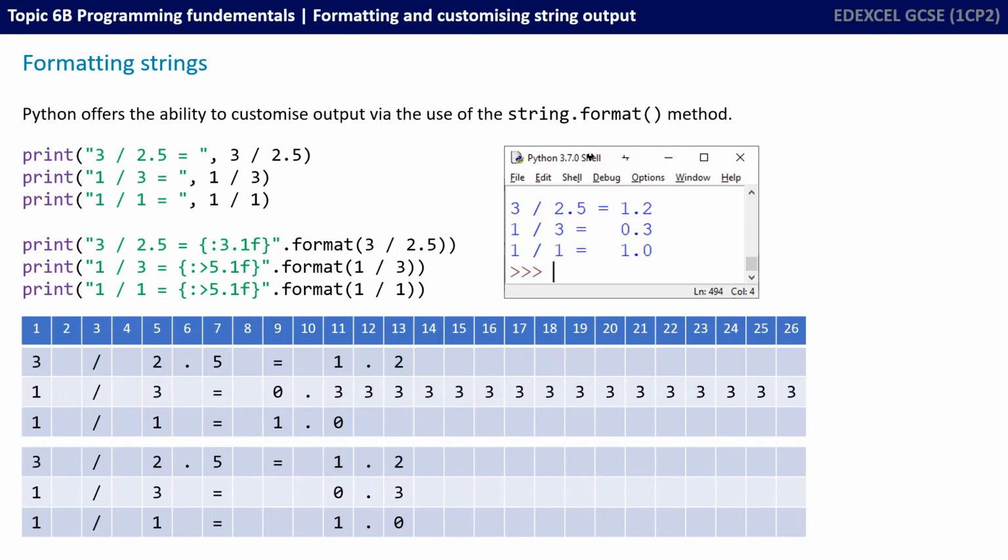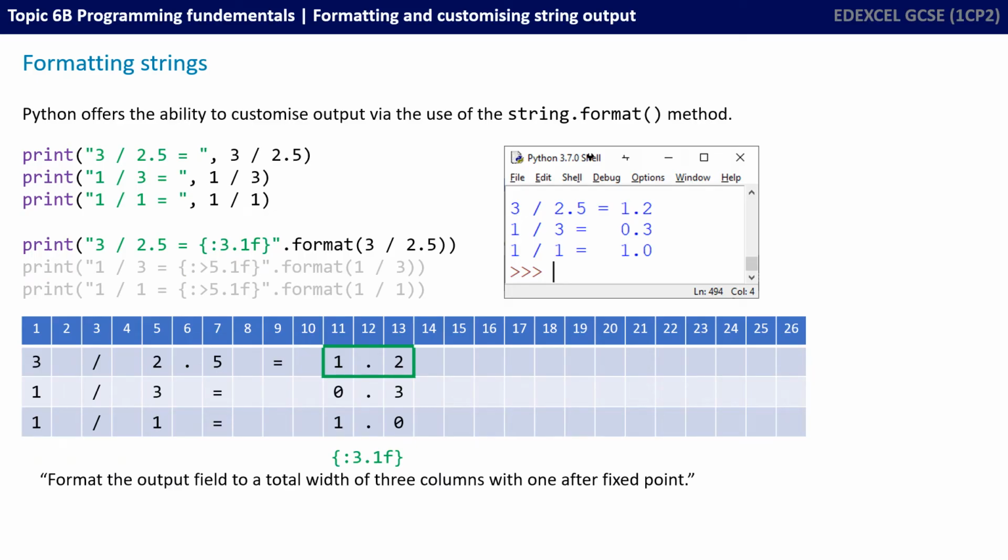It starts with an open curly bracket and a colon and ends with a closed curly bracket. And depending what we then put inside there depends how the output will be formatted. After the string, we say .format and we supply the calculation or the variable that we want placed and formatted in that location. You can see here from the Python output window that this works, but let's actually work through it a little bit.